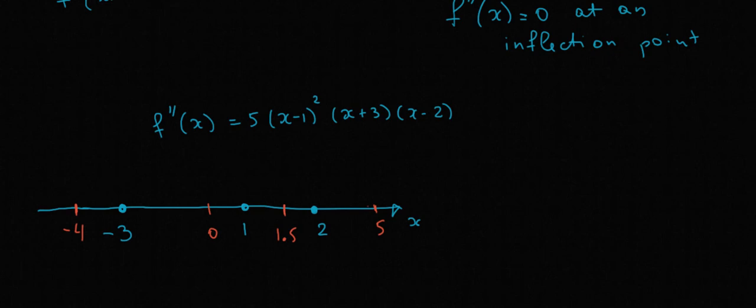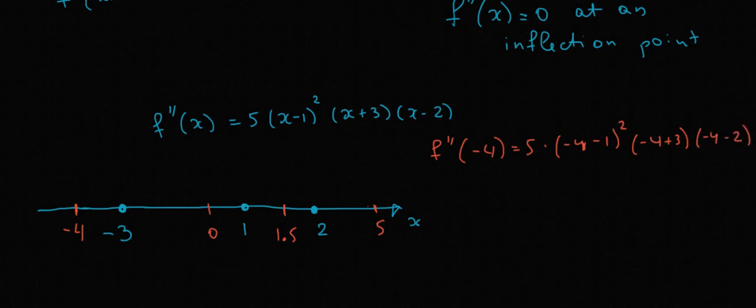Okay, so now we simply plug in these test points into our second derivative, and we do not need to know the exact value of the second derivative at these test points. We just need to know whether those values are positive or negative. So for instance, if I plug in x equals -4 into the second derivative, we will get 5 times (-4 minus 1) squared times (-4 plus 3) times (-4 minus 2).